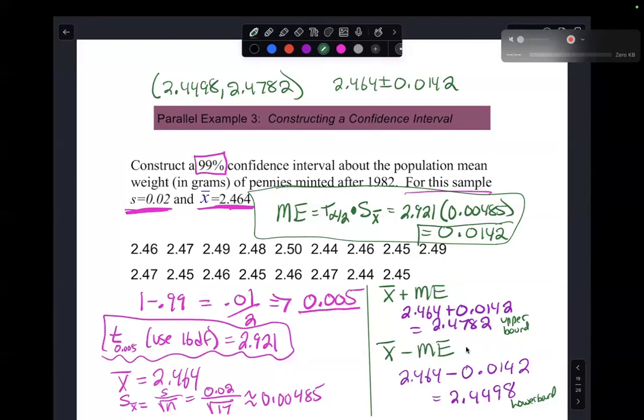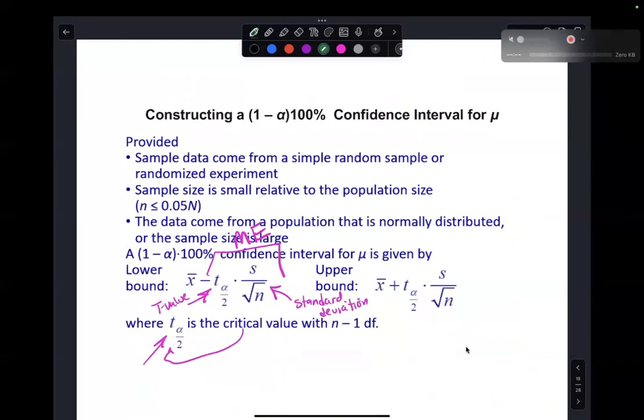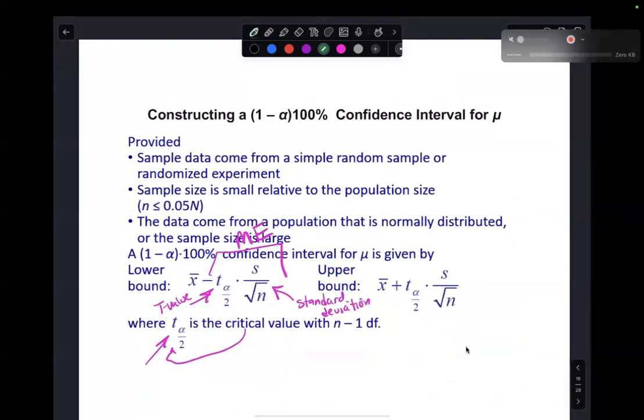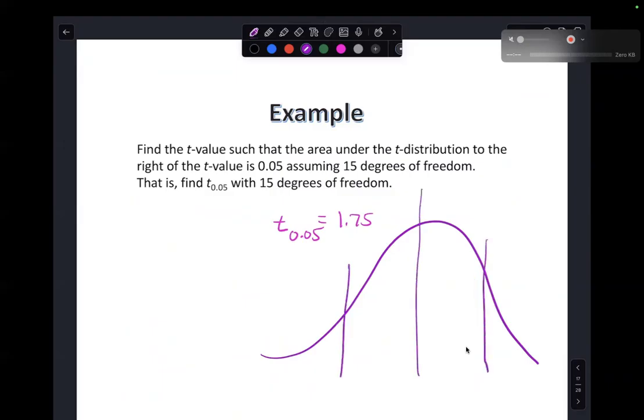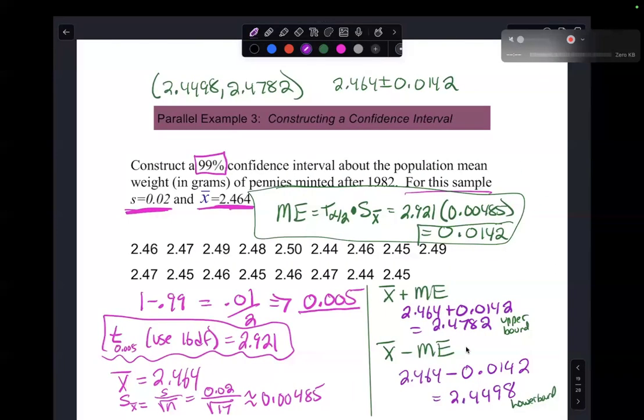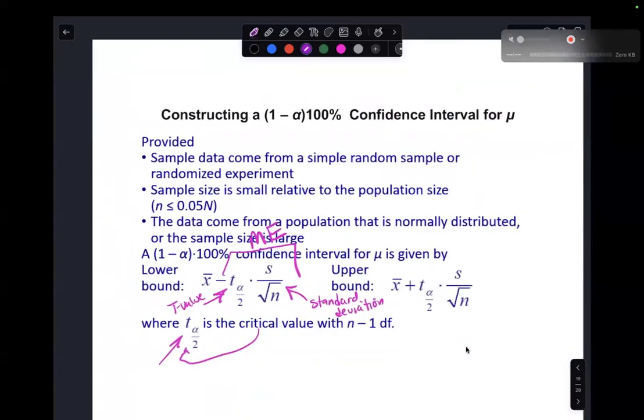Let me see if I can make some room here. I'm just gonna go back a page because I need more room to write. Let's draw a picture. This page doesn't mean anything. It is exactly what we were doing with the z-score. So here's my mean right here, 2 point whatever. Then I'm gonna go this many standard deviations above, 2.921.